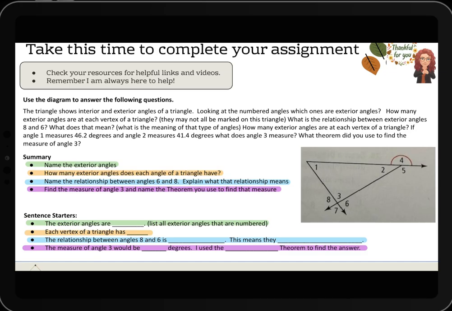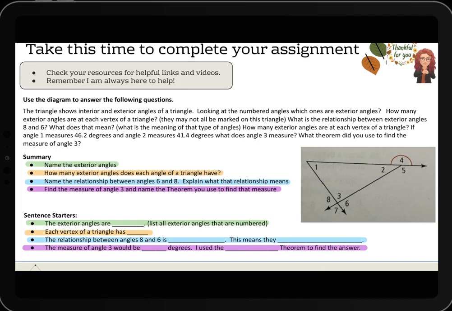Number two, how many exterior angles does each angle of a triangle have? There are several slides in our presentation that answer that question. I again encourage you to go back to near the beginning where I went through some of those examples and I talked about exactly how many each vertex is supposed to have. Number three, you're looking at the relation between 8 and 6.